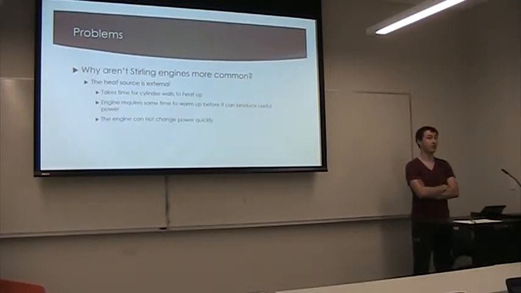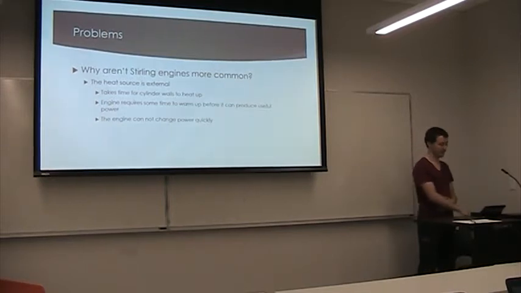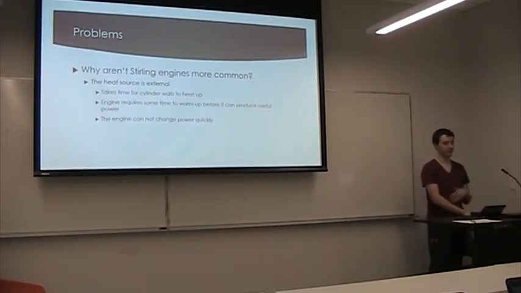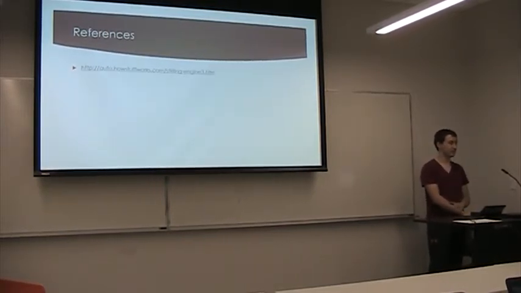And once it does start producing useful power, it's not like an internal combustion engine where you can just put more fuel in it and cause more power. You're basically at the same power, so it would have to run something like a generator for it to be used efficiently, because you wouldn't be able to change the power output. So you wouldn't want to use it in any type of work application.